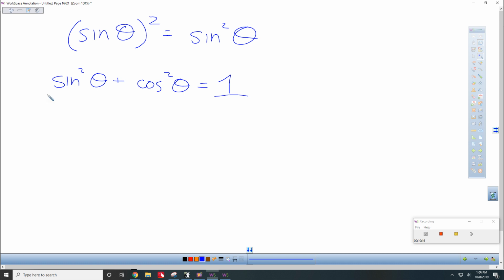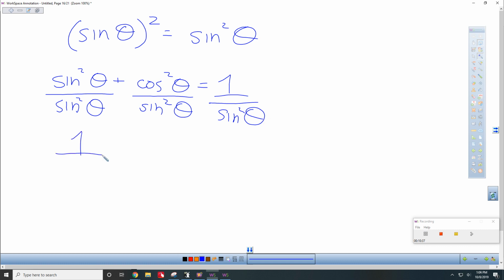The other two are very easy to derive. All you got to do is, let's divide everything by sine squared theta. What's sine squared theta divided by sine squared theta? That's 1. What's cosine squared theta divided by sine squared theta? Cosine divided by sine.